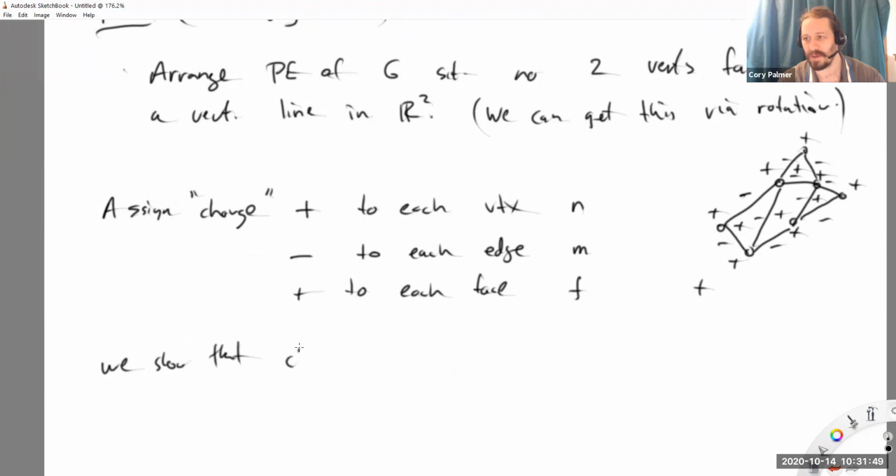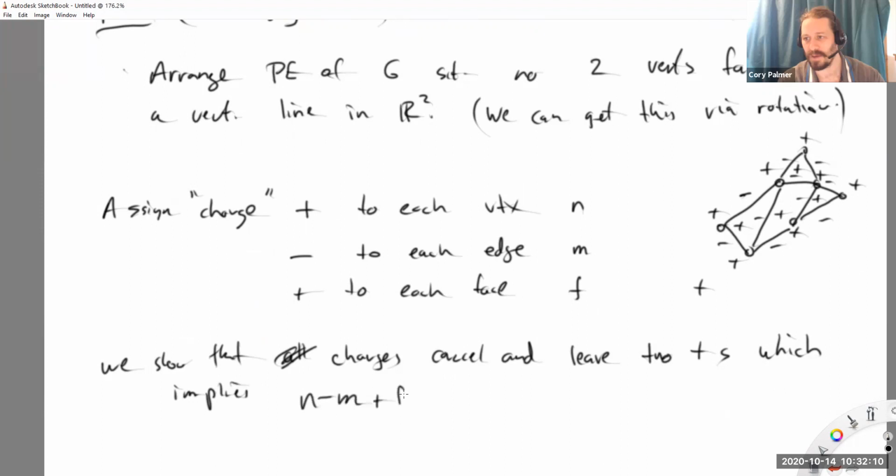So we show that charges cancel and leave 2 pluses, which implies that n minus m plus f equals 2, which gives our theorem there.